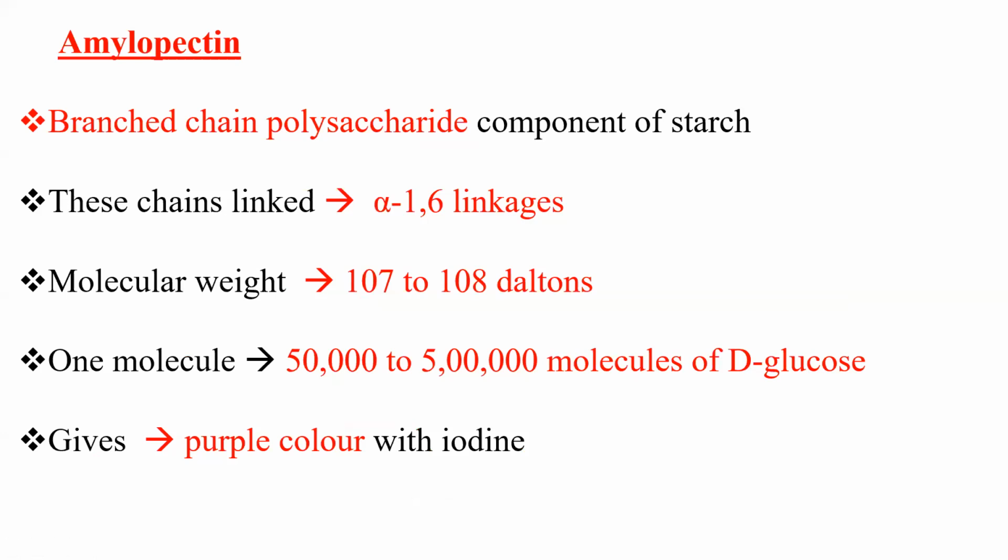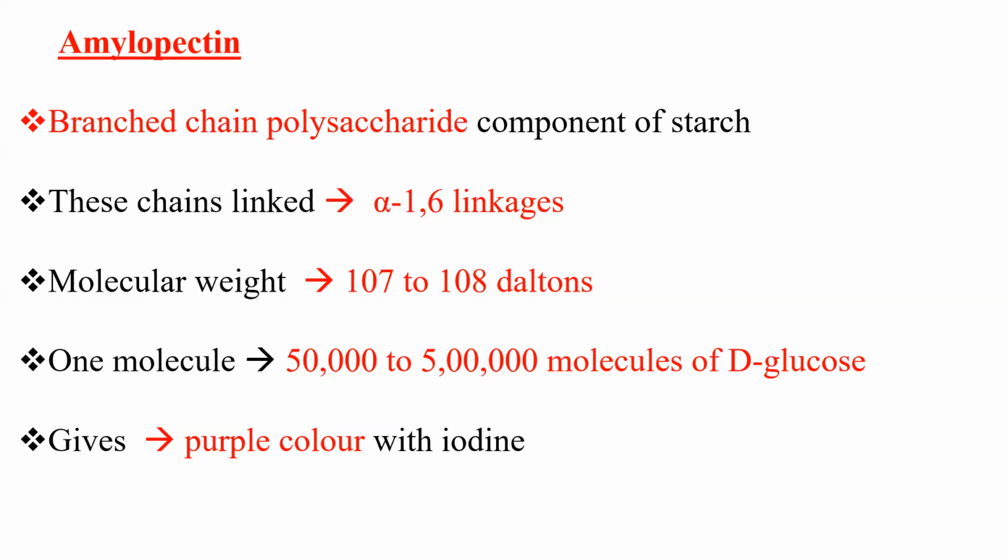Now, the second component of starch, that is amylopectin, is the branched chain polysaccharide component of starch, and these chains are linked with alpha-1,4 as well as alpha-1,6 linkage at branching points. Its molecular weight is 10^7 to 10^8 Daltons.